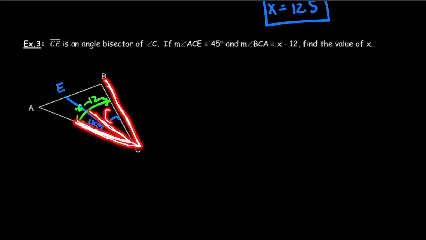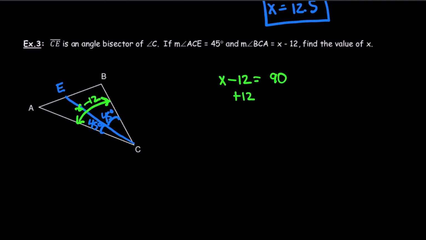So what I need to do is represent this other angle, which is going to be equal to this angle here. They're both going to be 45. So now my equation is going to be the whole angle equals the sum of these two here. 45 and 45 equals x minus 12. You can probably combine those in your head. X minus 12 equals 90. Add 12 to both sides. And x is 102. The question says find the value of x.